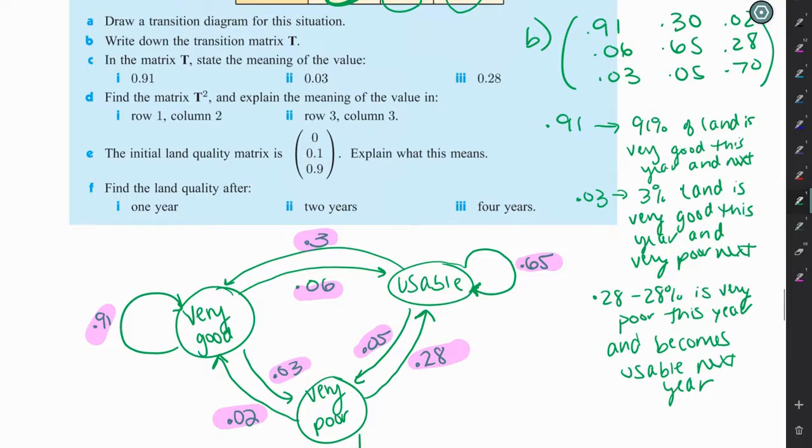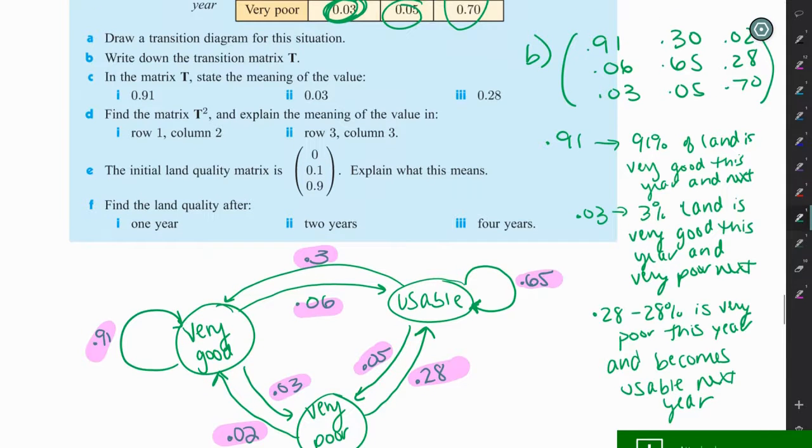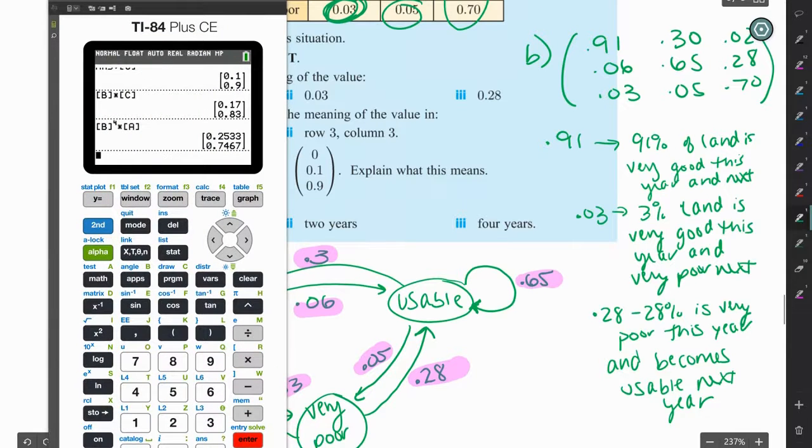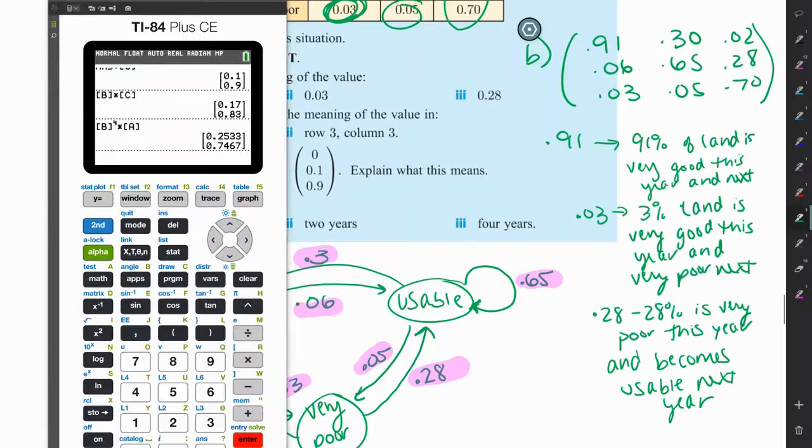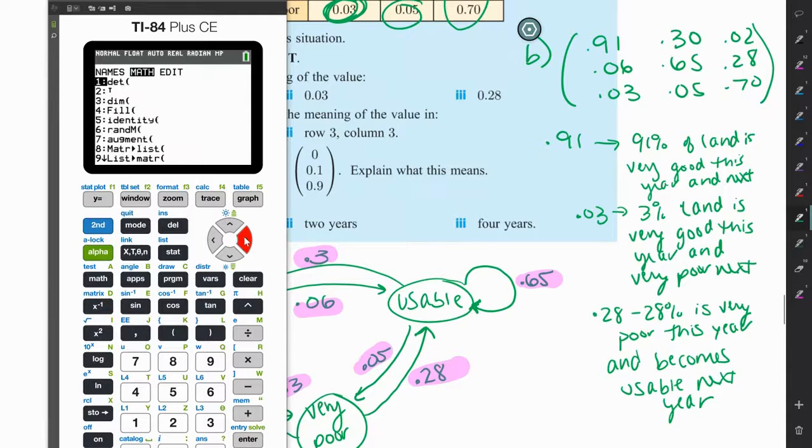Find the matrix T squared and explain the meaning of these values. Okay, so in order to do this, we're going to have to put this matrix into our calculator. Second matrix, I'm going to move over to edit. I need a 3 by 3.